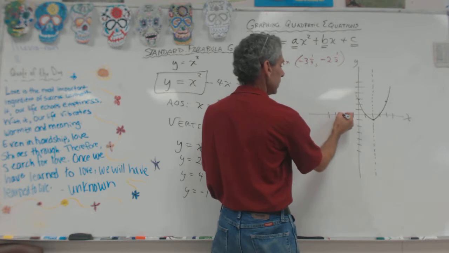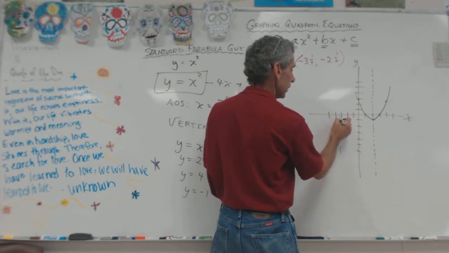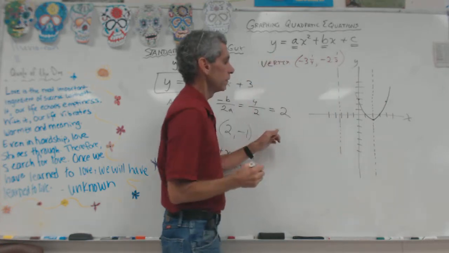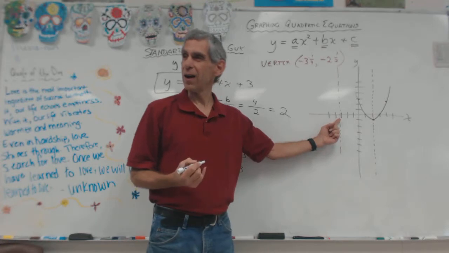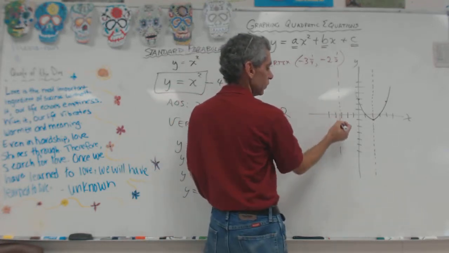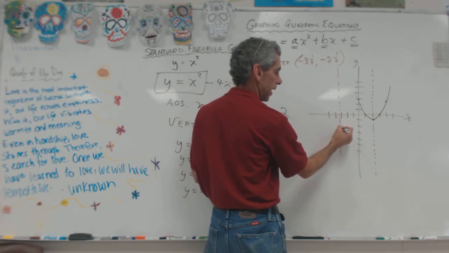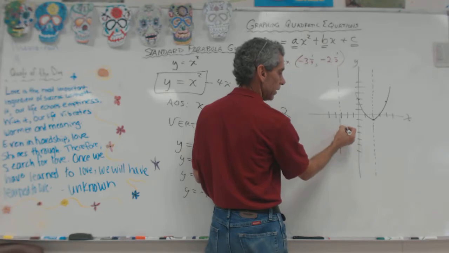1, 2, 3 1/4. So somewhere around there, that would be my axis of symmetry, right? It's a bummer because it's not right on a whole number. And then negative 2 1/2. So I go down 2, 1, 2, and then 1/2. Somewhere around there, right?